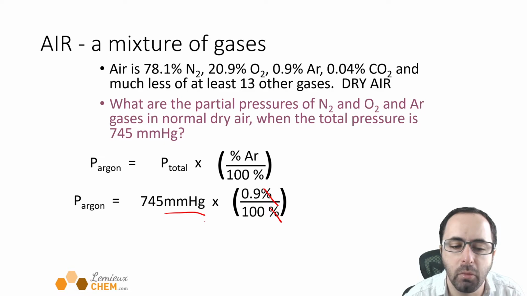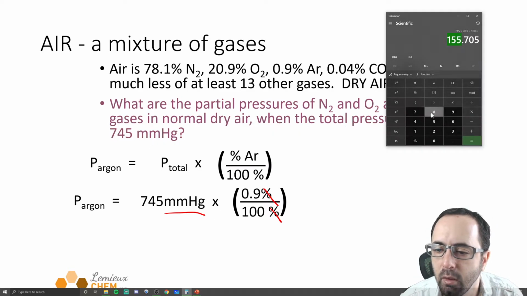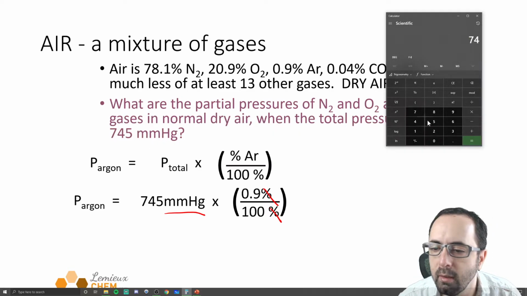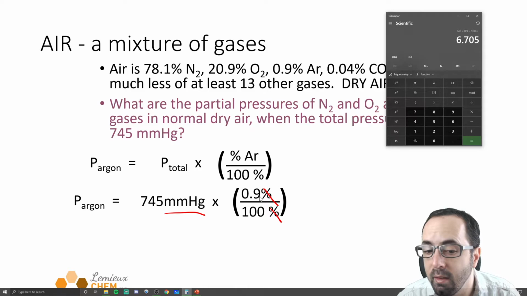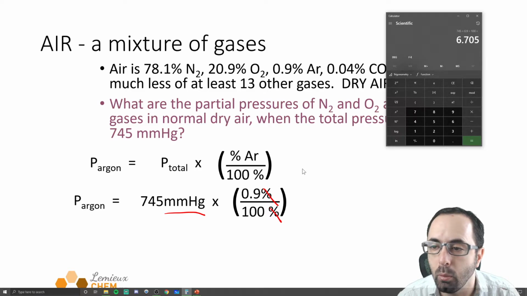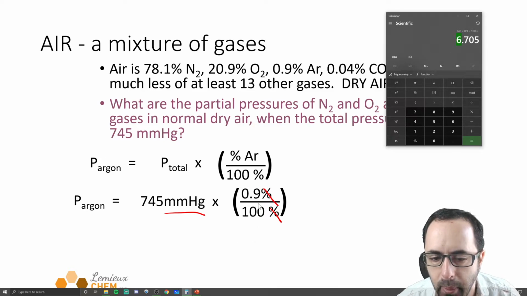We'll end up with a unit of millimeters mercury. And so now we put the numbers in, 745 times 0.9, divided by 100. And we can only state this really to 1 sig fig because we have 0.9% with 1 sig fig. So we're going to say 7 millimeters mercury.